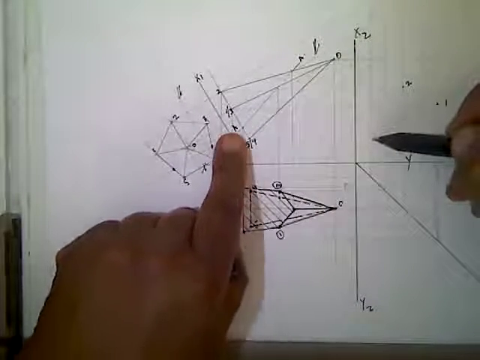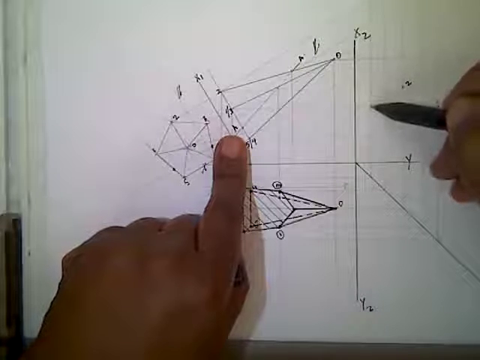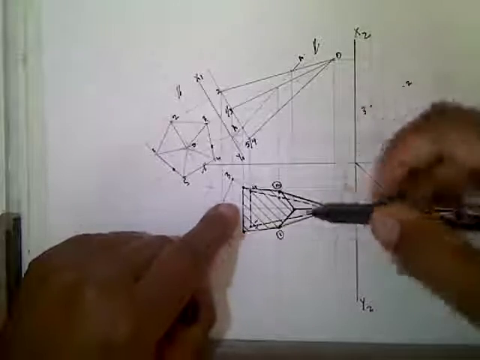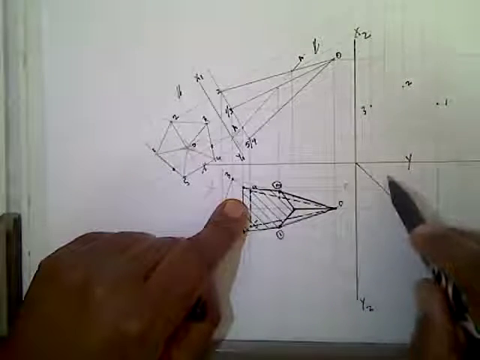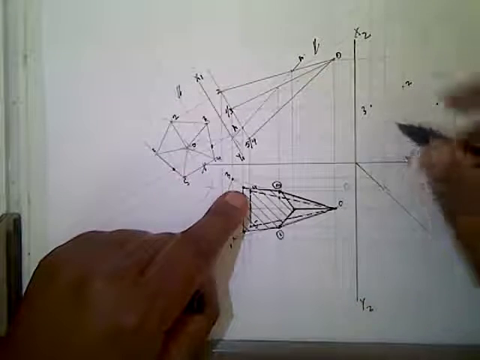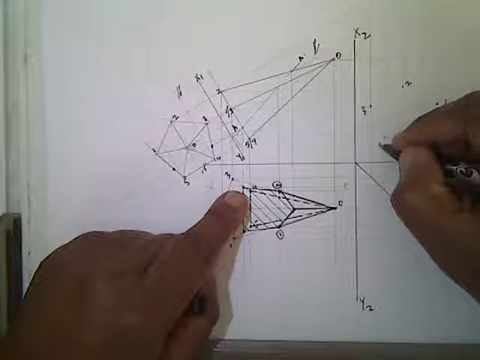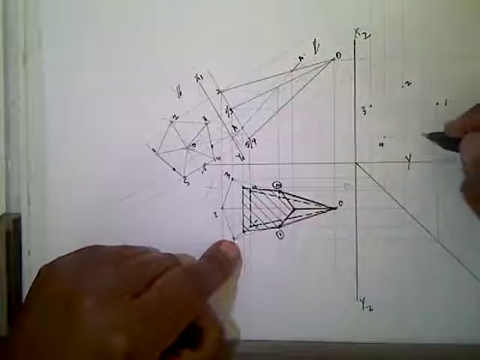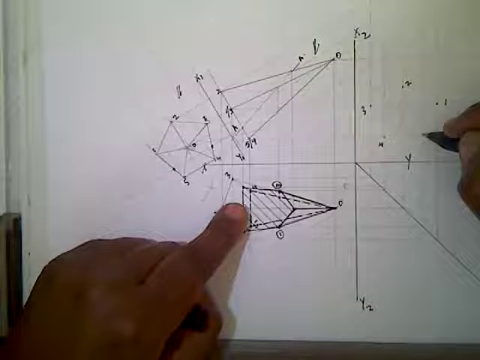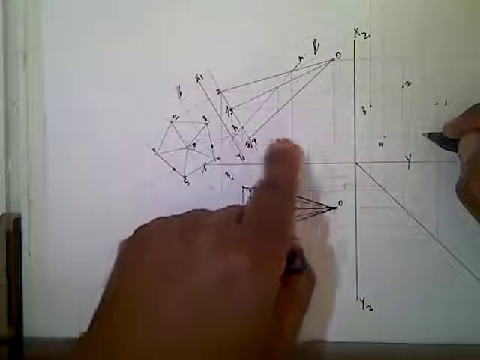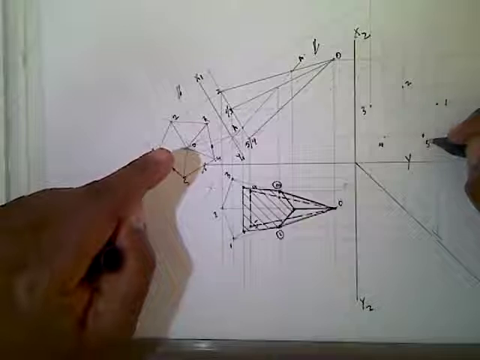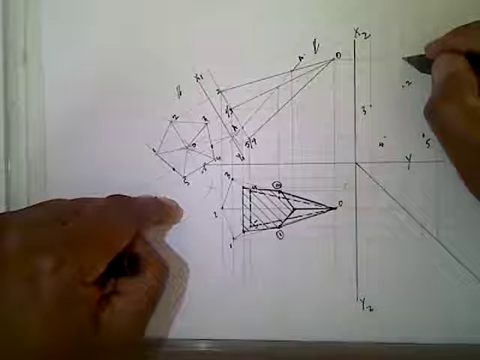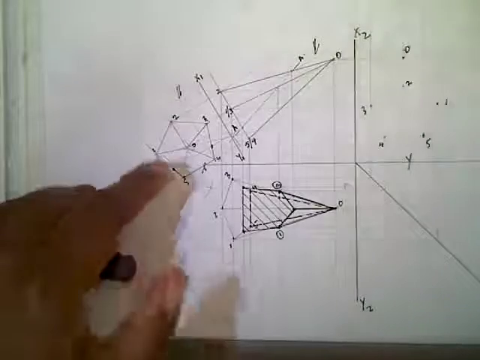Where is 3? 3 is here. 4 is here. 5 is in line with 4. That is 5. Where is 0 in line with 2? 0 is here. That is my 0.